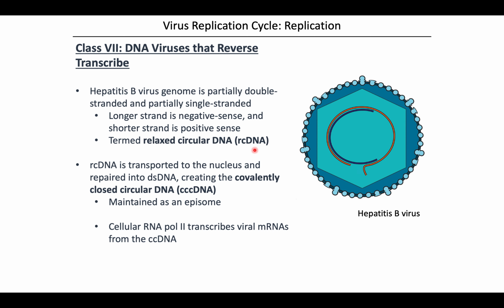And as I mentioned, one of the first things that will happen is that it will get converted into the fully double-stranded form called the covalently closed circular DNA. That's not going to integrate into the host chromosome. It's maintained as what we call an episome, separate from the host chromosomes. And then the cellular RNA polymerase can transcribe viral messenger RNAs.